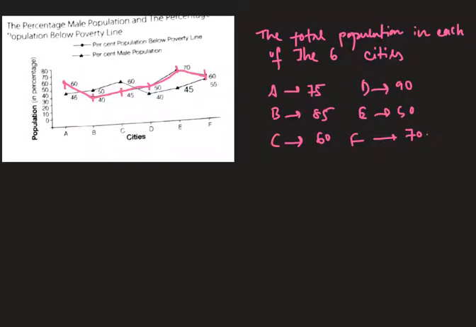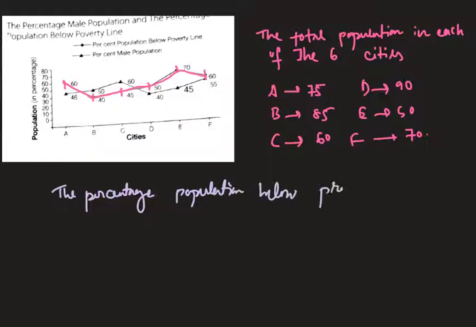Now just adding all these numbers, we get the total population below poverty line. Population below poverty line for city A is 75 multiplied by 0.6, which results in 45.